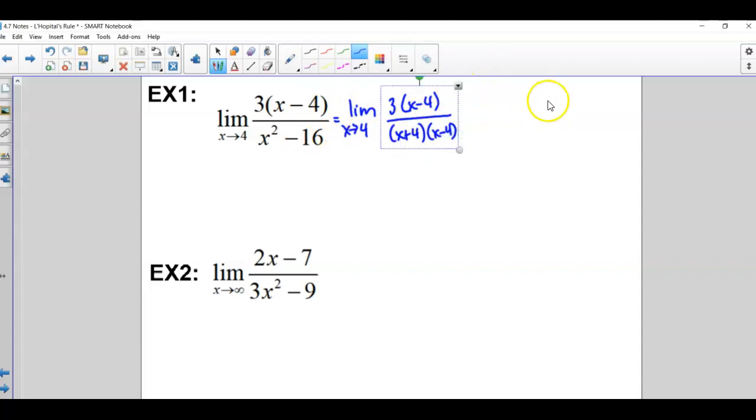I could factor, and I could cancel my x minus 4's. And so now if I plug in 4, I get 3 over 4 plus 4, which gives me 3 over 8. So that one can be solved without L'Hopital's rule. If you get this problem on the AP exam, there's no need to do L'Hopital's rule.